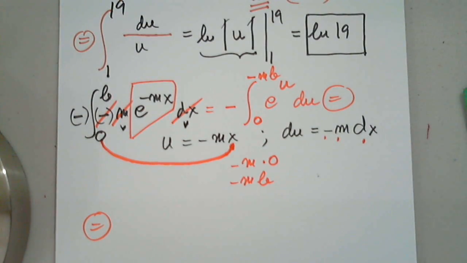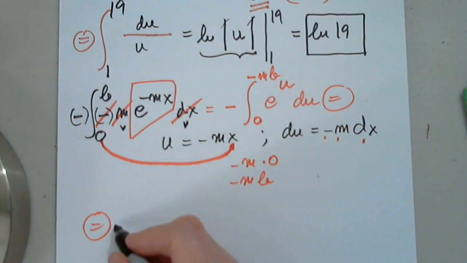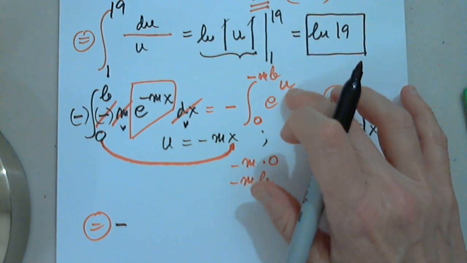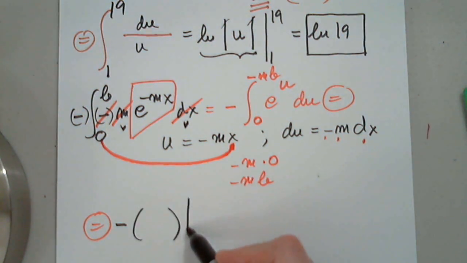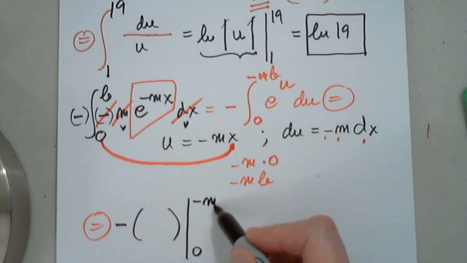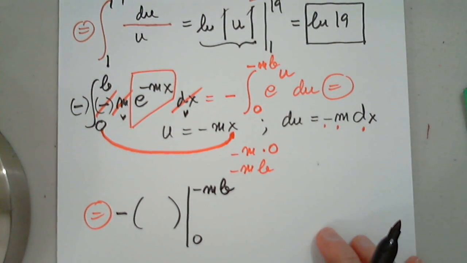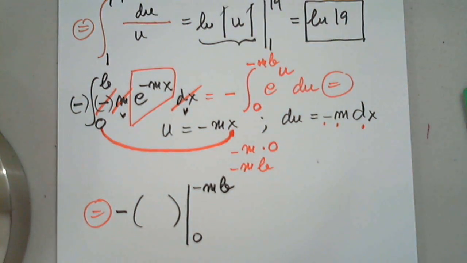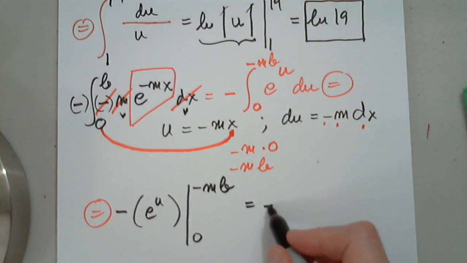What's the next step? There is a minus in front. Which function prime is e to u? E to u. Perfect. Negative outside.